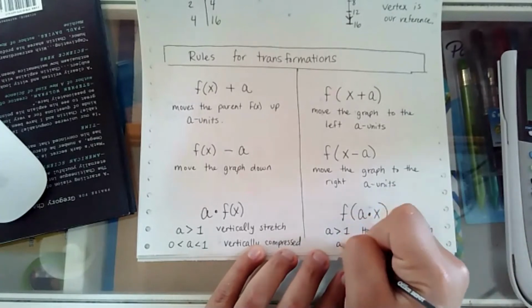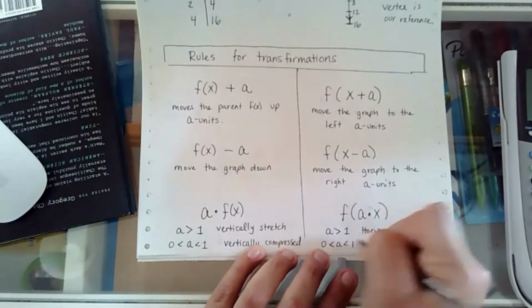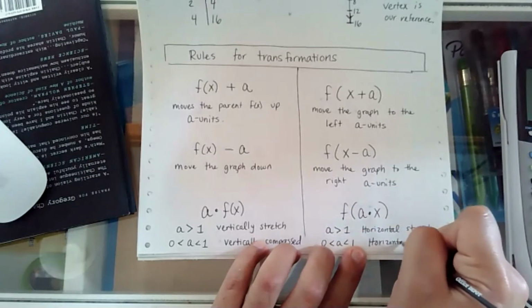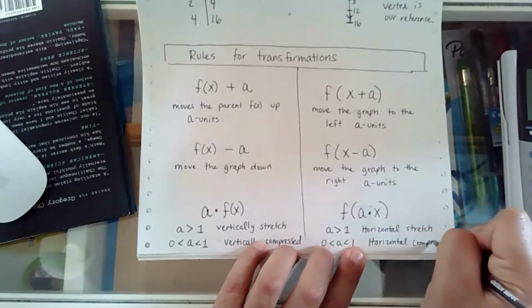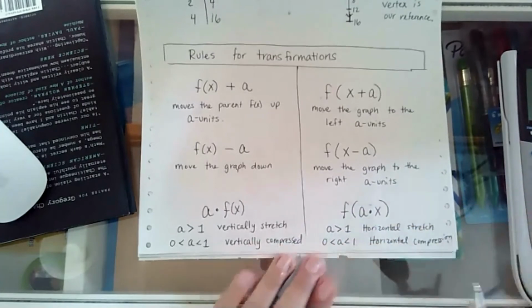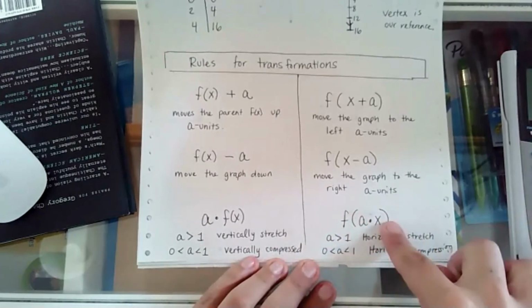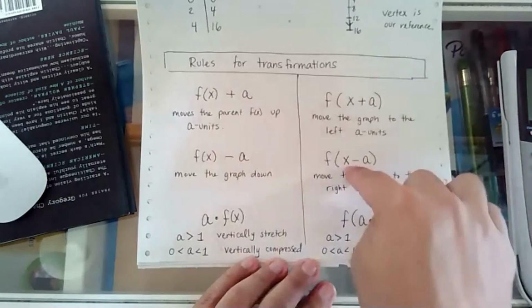And if a is between 0 and 1, we would get a horizontal compression. Okay, but I will tell you that we're not going to see a lot of these things. We will see these rules pretty frequently.